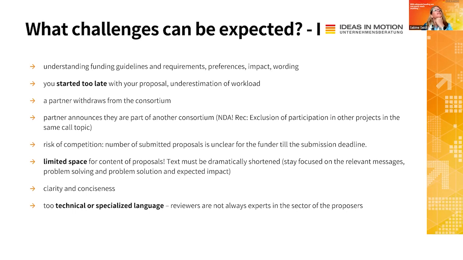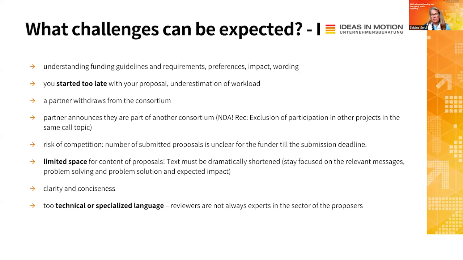Partners can withdraw from the consortium for different reasons. You should be equipped and have a solution for that. Then very often it happens that partners announce that they are part of another consortium on the same topic.